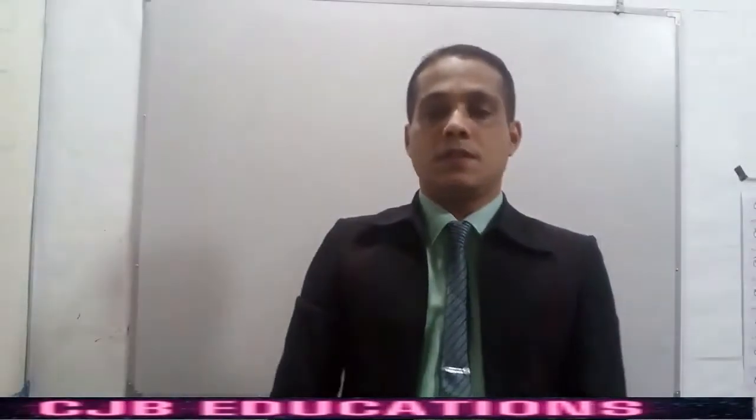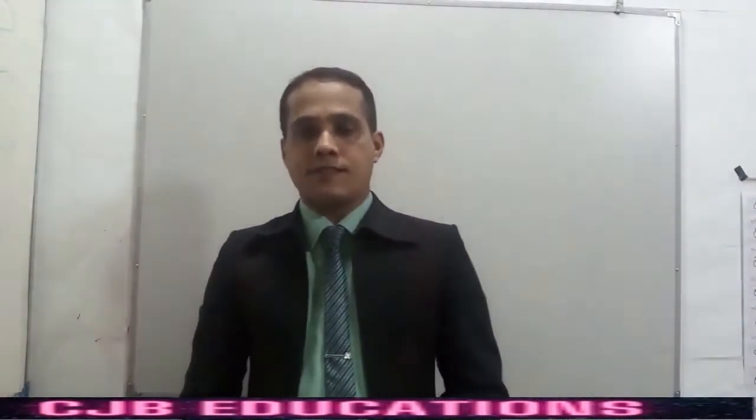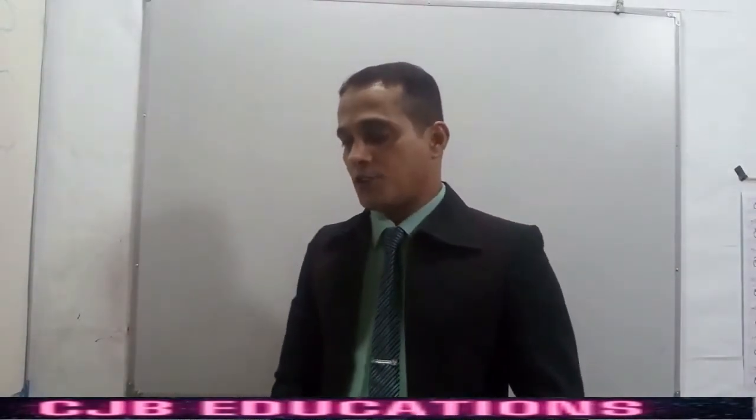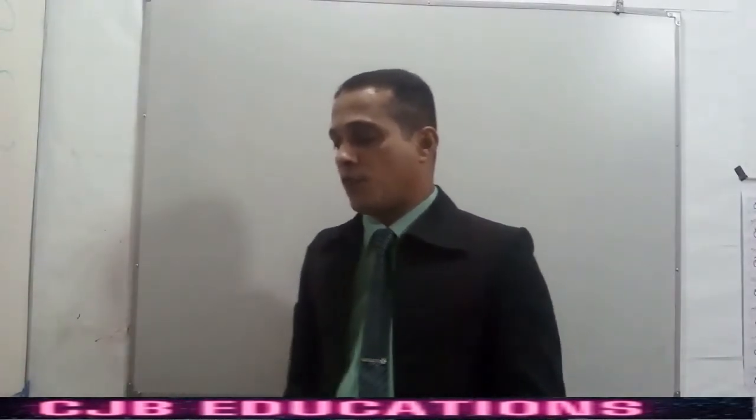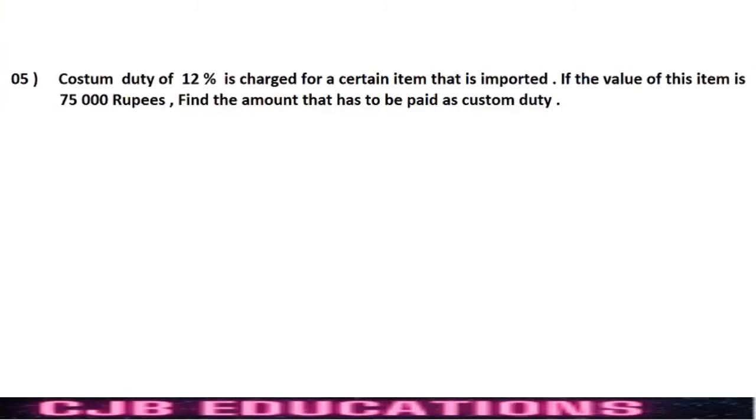The question number 5 is, write down this question. Custom duty of 12% is charged for a certain item that is imported. If the value of this item is 75,000 rupees, find the amount that has to be paid as a custom duty.